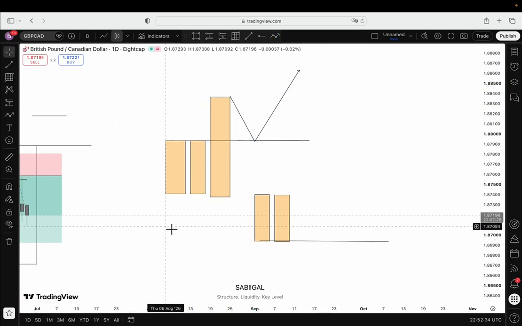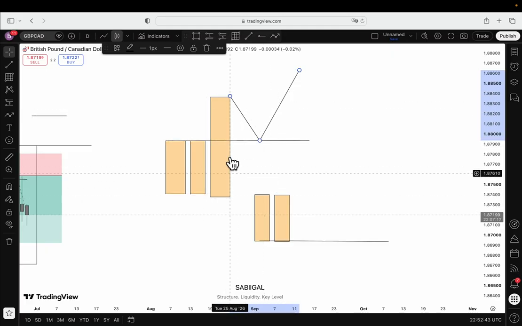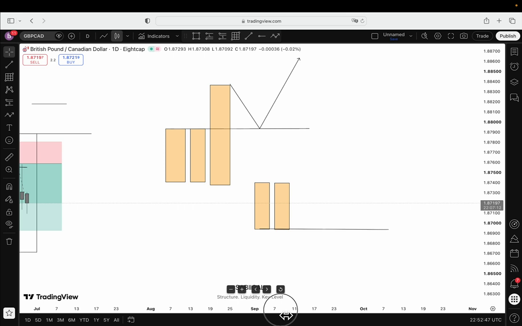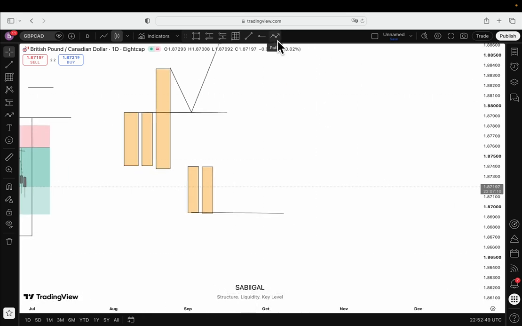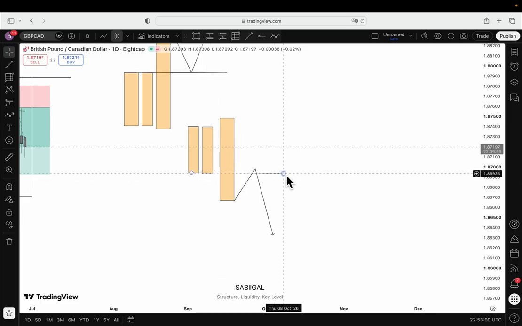This is how to spot it. Arrow, reverse resistance, it becomes support. The same thing here: a failed support becomes a resistance, SBR arrow.